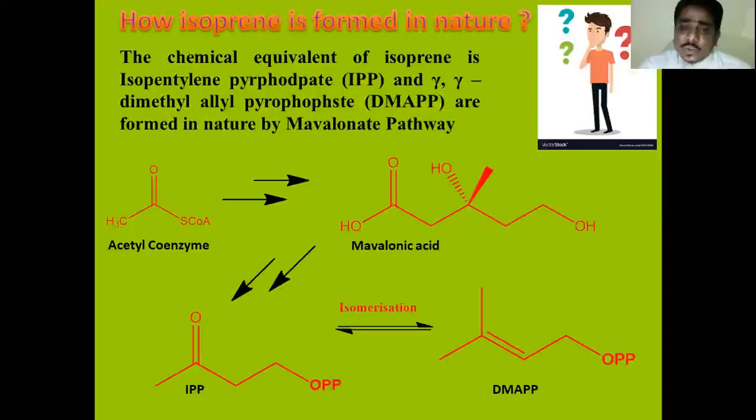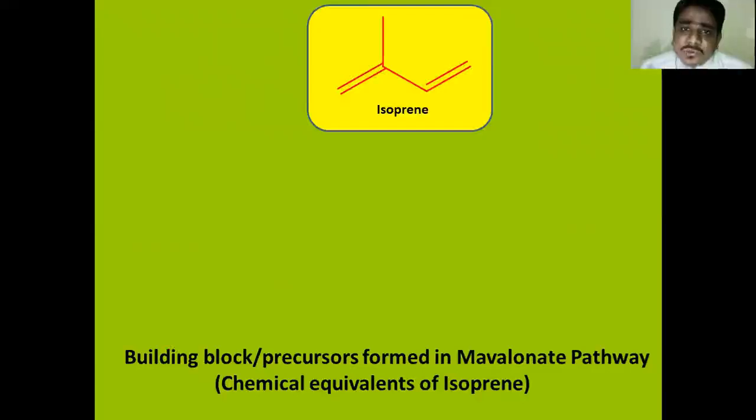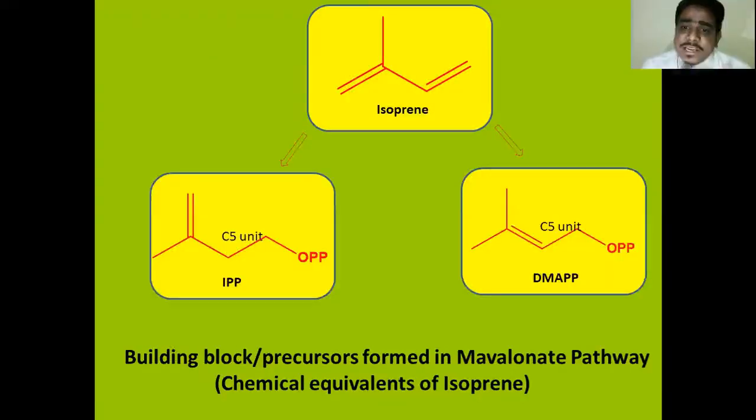So these are the two chemical equivalents for the isoprene unit. One is IPP and the second is DMAPP. Both contain 5 carbon atoms, and IPP is isomerized into DMAPP. So these are the two important precursors for formation of all terpenes.